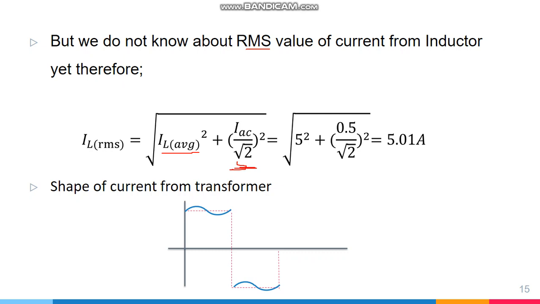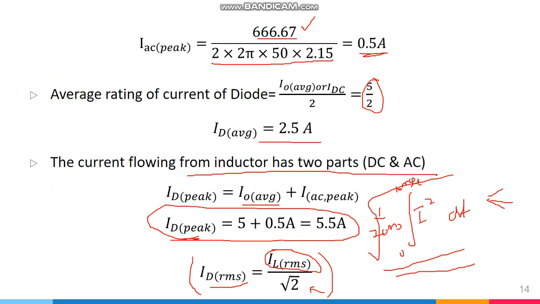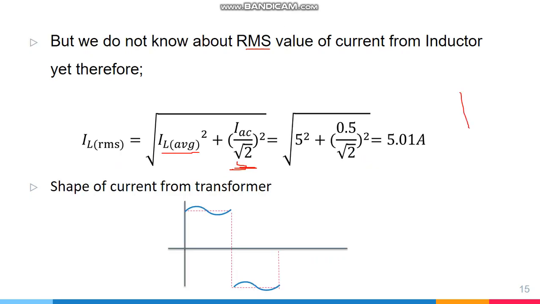When we have a waveform like this, in which we have a DC component and some ripple overriding it, its RMS can be calculated as the square of the average value, or the DC component, plus this AC component divided by square root 2. Here it is sinusoidal, therefore we divide by square root 2.